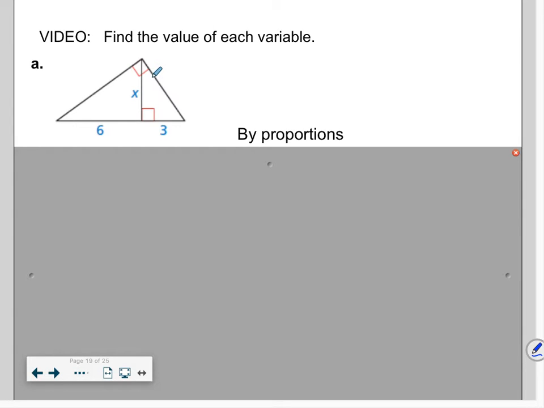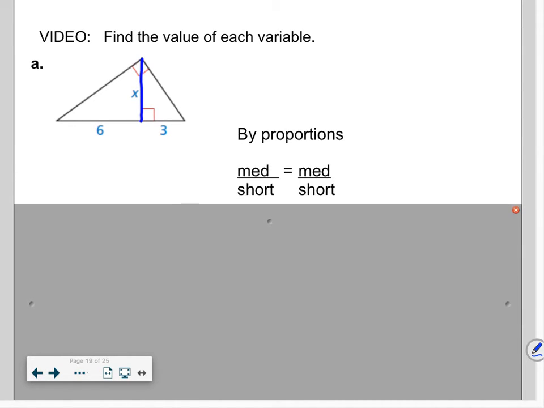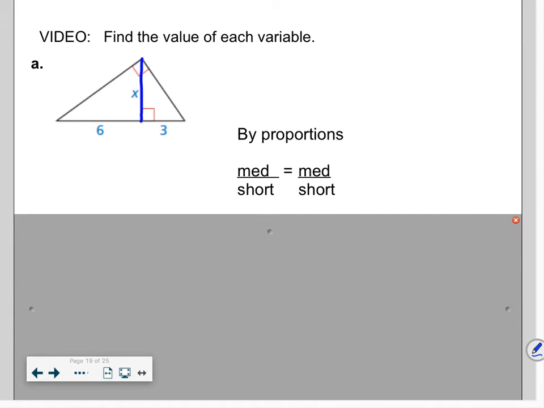You can see here we have a picture, we have a right triangle, and we have the altitude, which they called x, and our job is to find x. What we did when we were working in chapter 8 was we would say, okay, I've got the two triangles, the small and the medium triangles.